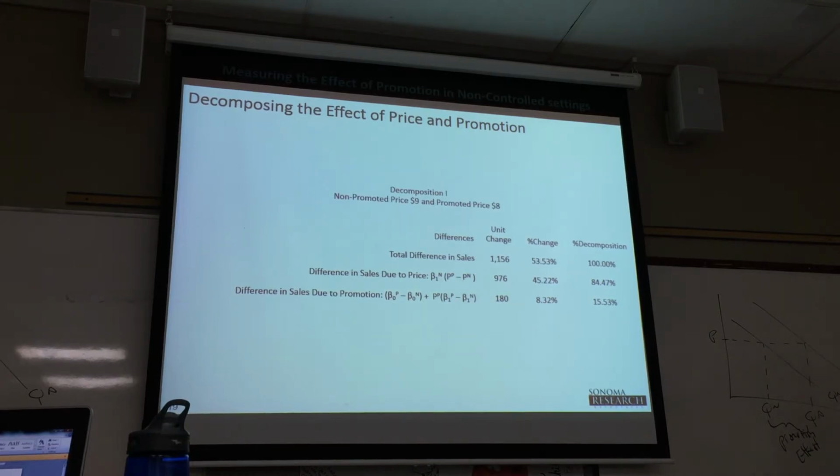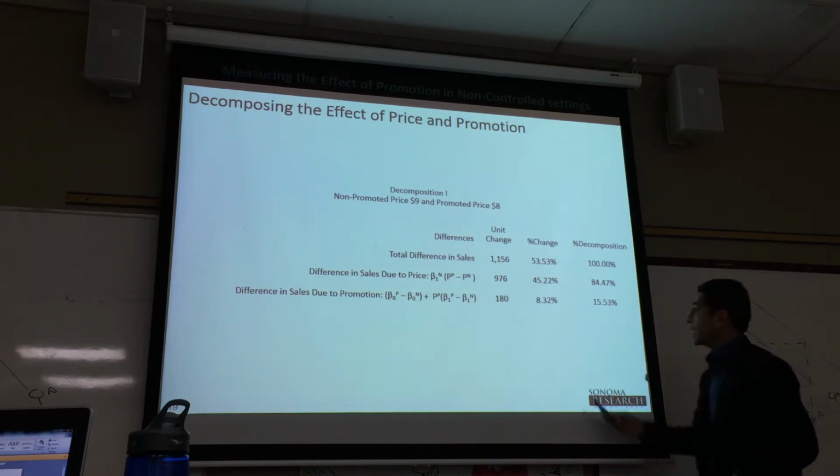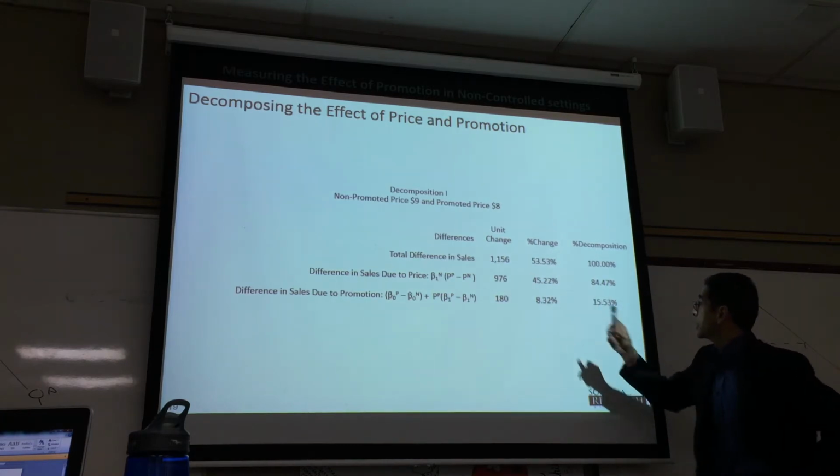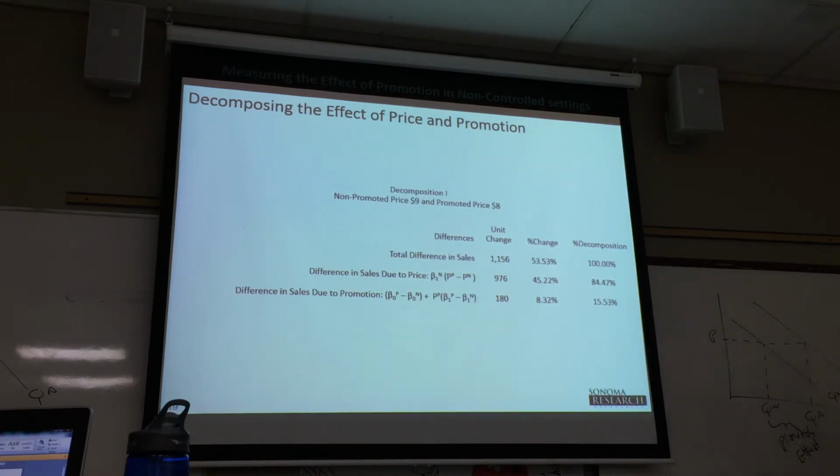Take them straight out of Outreg. Do the math. And it turns out that of that 53%, 8% of it was due to promotion. The big chunk of the lift was due to the fact that they lowered price for this specific scheme.